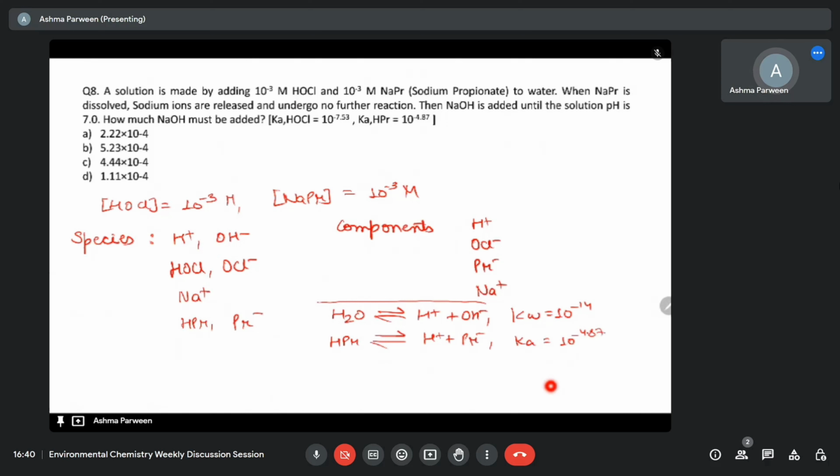And we have HOCl, which gives H plus and OCl minus, and let's call this Ka dash, 10 raised to power minus 7.53.